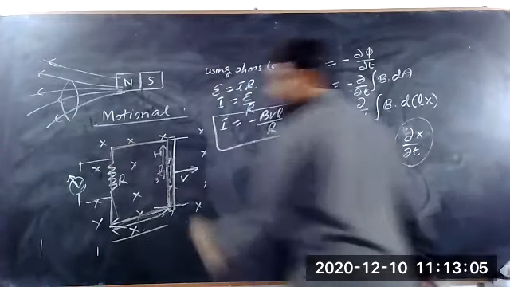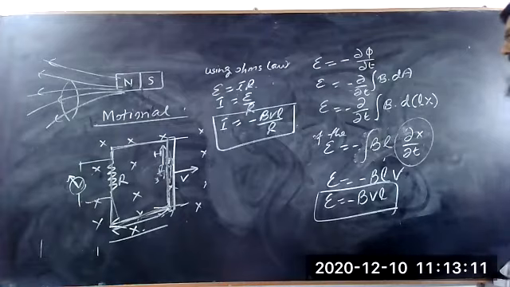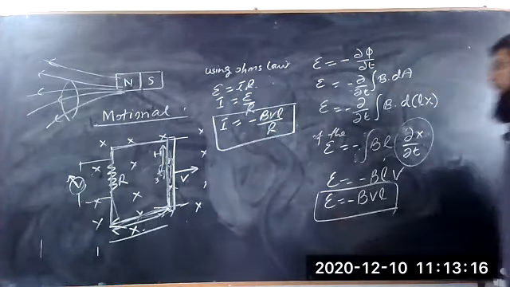The current induced in the wire is the current flowing through the resistor.